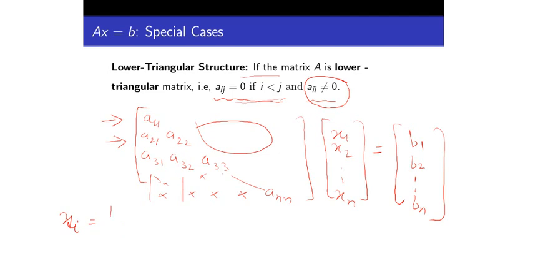So xi will be 1 by aii times bi minus summation k equals 1 to i minus 1 of aik xk, so that you can easily derive.